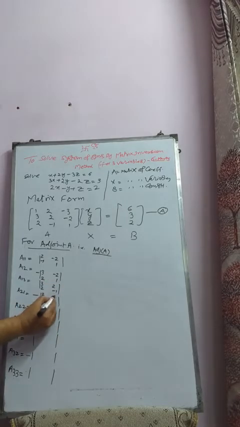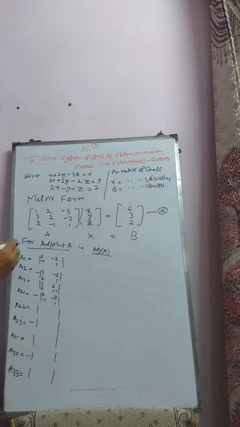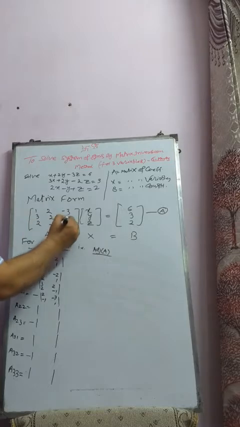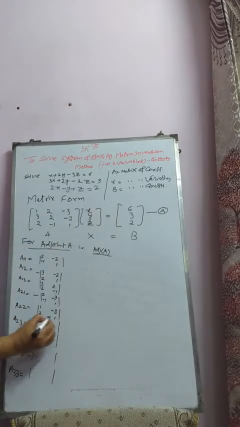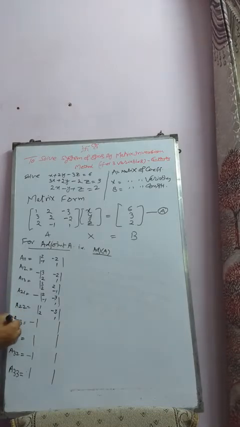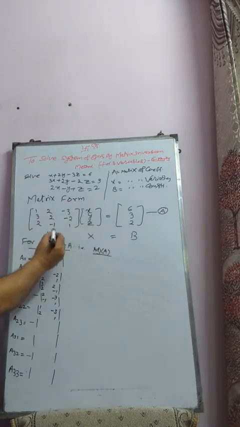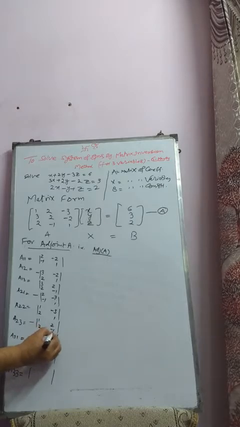This is minus 3 1. Again A22, second row second column: 1 2 minus 3 1. Next, that is A23, second row third column: 1 2 2 minus 1.